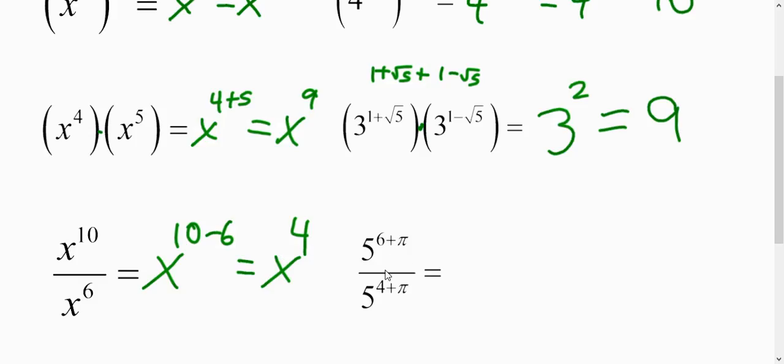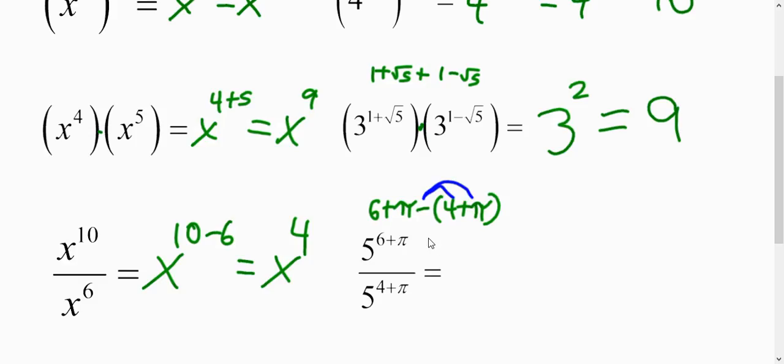Same thing, even if they're a little bit weird as exponents, the bases are the same, so we subtract. So we do 6 plus pi minus 4 plus pi. You do need to remember to make sure that you distribute that negative sign.